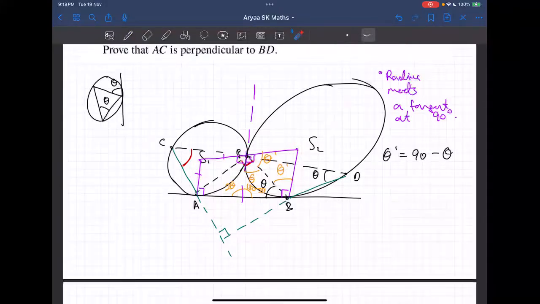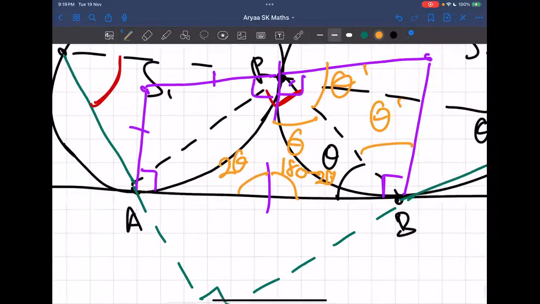Okay, so let's look at this quadrilateral here. Now, we have, I want to say these two, this triangle and this triangle are congruent, but I need to find a way to actually prove that. How can we prove this? Okay, let's just zoom in.